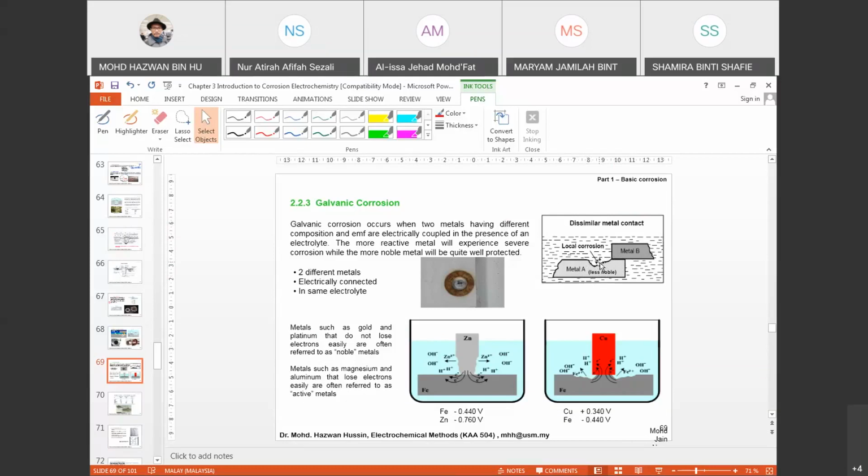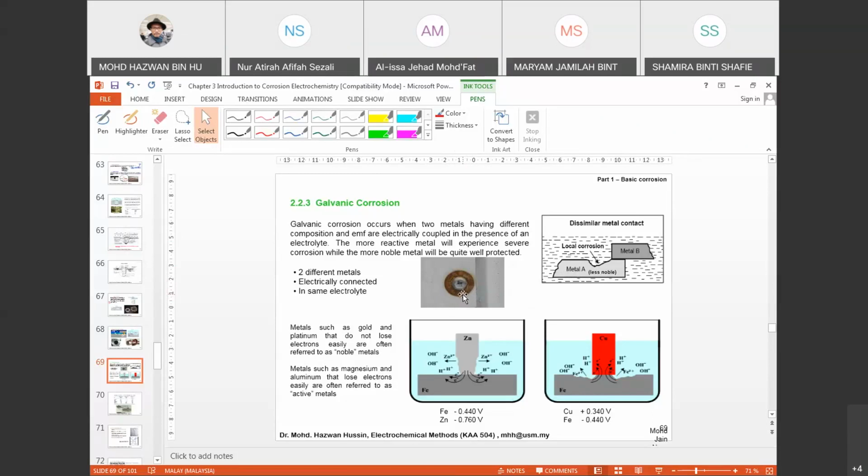If these two metals are exposed to the same environment, then galvanic corrosion can occur. For example, if you have a screw made from steel attached with a ring made from zinc, zinc will be more reactive when attached together, so the zinc will be corroded, due to the galvanic effect.